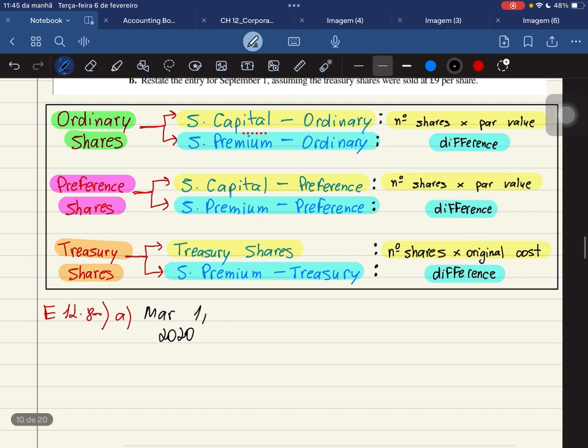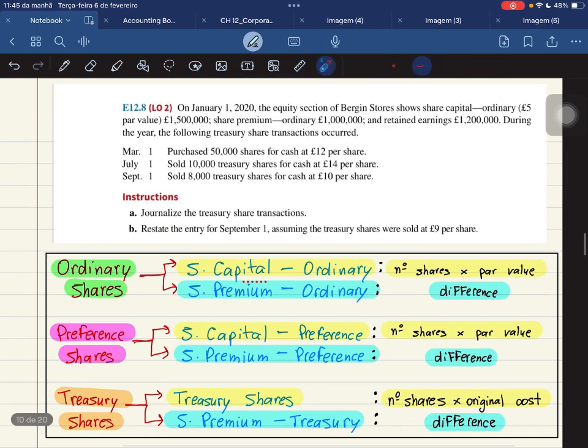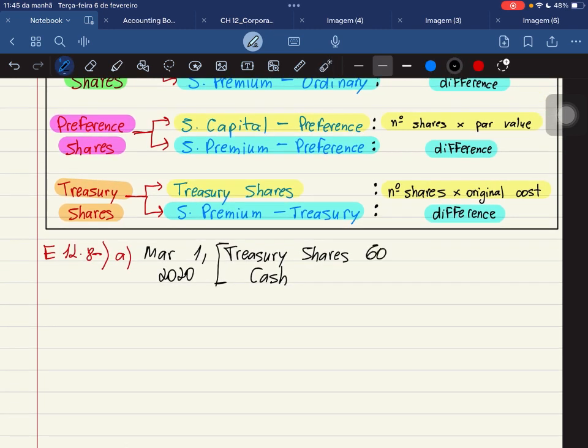Since we are purchasing treasury shares, our treasury shares have to go up, and since we are buying, our cash has to go down. That is just the number of shares times the original cost, 50,000 times 12, which gives us 600,000.